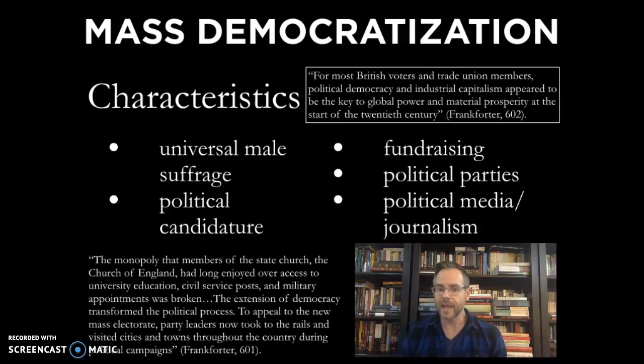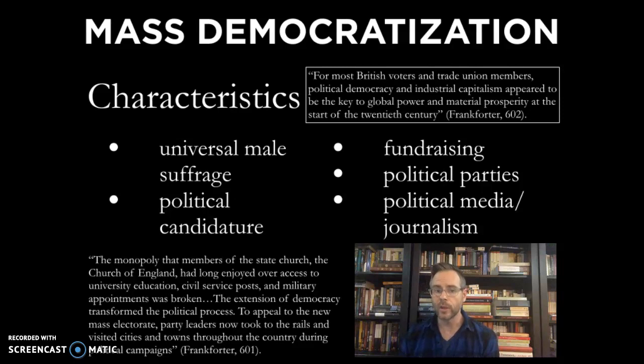Also, with candidature, you have the rise of political parties. The Jacobins, the Whigs, the Federalists, the Anti-Federalists. All of these are examples of political parties that existed throughout Europe and even in the Americas.